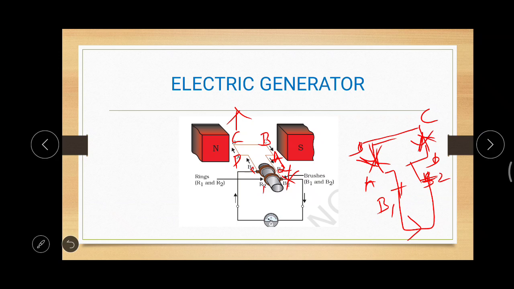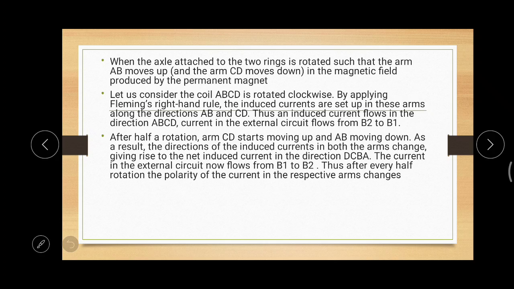Now let us come to the theory portion. So initially the ABCD is in the clockwise direction. At the beginning of the rotation, the current was from A to B and then C to D. So in the outer circuit, the flow of current was from B to B1.